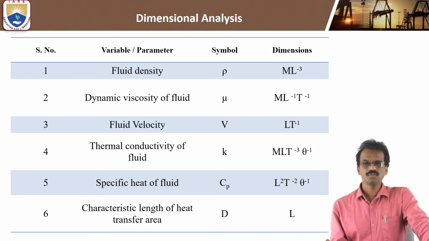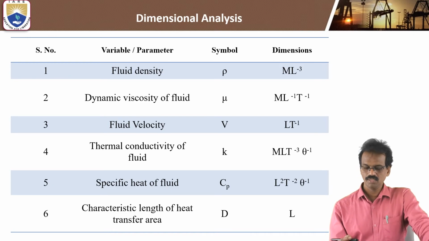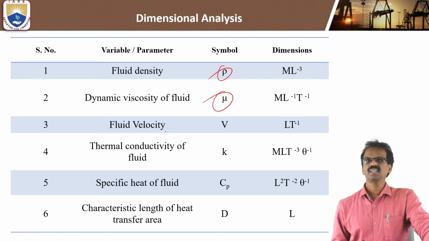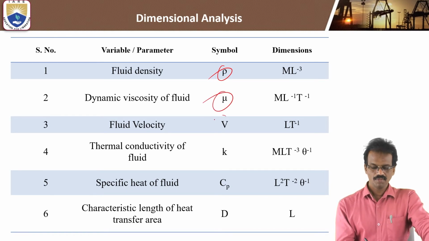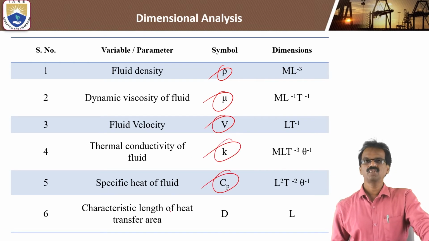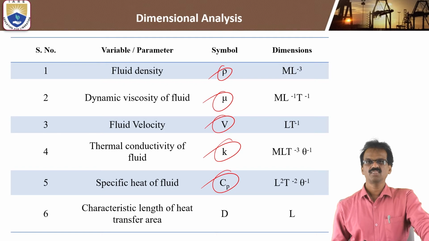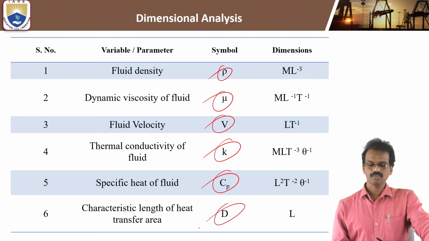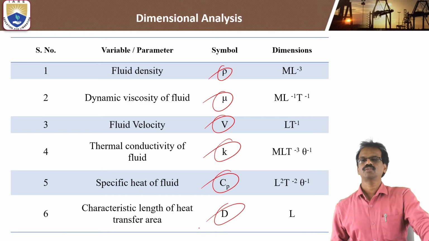This is a forced convection problem. You know that in forced convection, these are the main parameters included: rho, mu dynamic viscosity, velocity, thermal conductivity, and Cp specific heat, and the characteristic length D is also included.